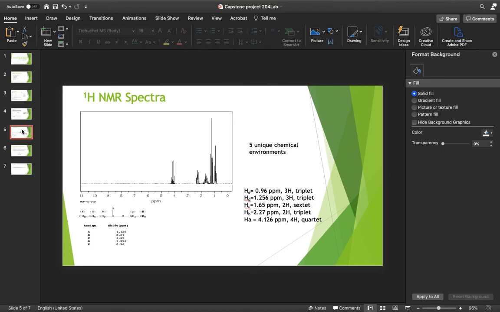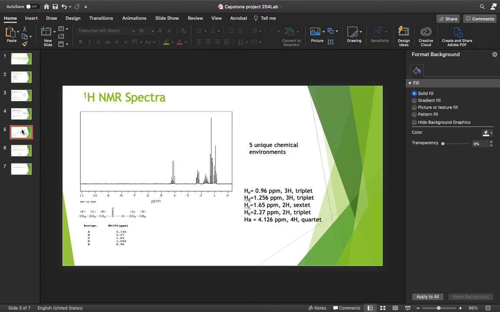That's half the molecule. Finishing up, we know there's another methyl, but now we see that there's another CH2 group. That's a quartet, so it's bonded to the methyl. It integrates to 2 hydrogens. It's at 4.126, which is a region where hydrogens on carbons are next to the O of an ester group.